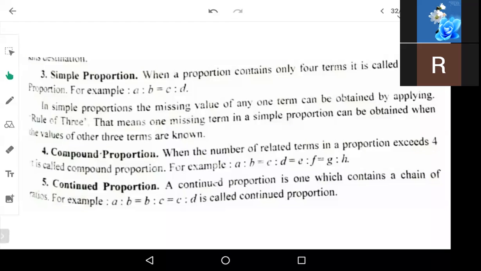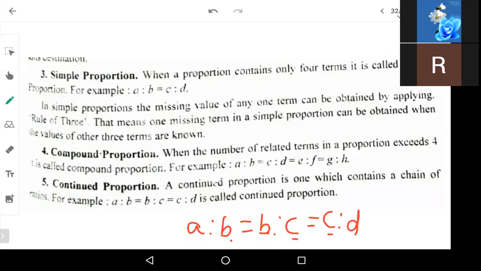And the next one is continued proportion. Now in ratios, we understood X is to Y is to Z, A is to B is to C. That was continuous or continued ratio. Similarly in proportion, you will have continued proportion. Here, the second term of the first ratio A is to B will be the same as the first term of the second ratio. See, B is same in A is to B and B is to C. And then C is to D. C and C are same.